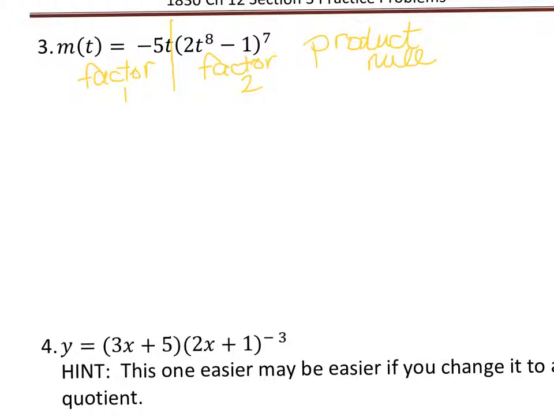And because we have a product rule, we'll first deal with finding the derivative of factor 1. And the derivative of factor 1 of negative 5t is going to be negative 5.